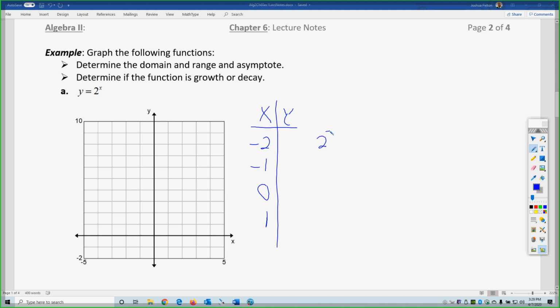So 2 to the -2 is 1 over 2 squared, or 1/4. 2 to the -1 is a half. Anything to the 0 power is 1. 2 to the 1, 2 to the 2 gives us 2 and 4.